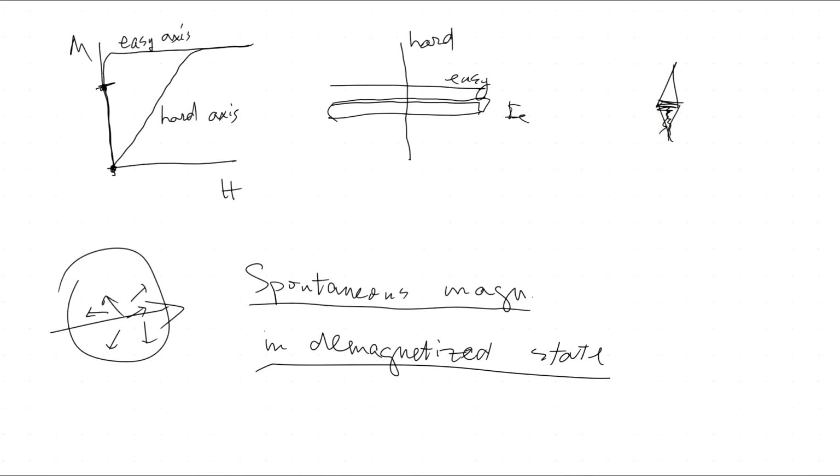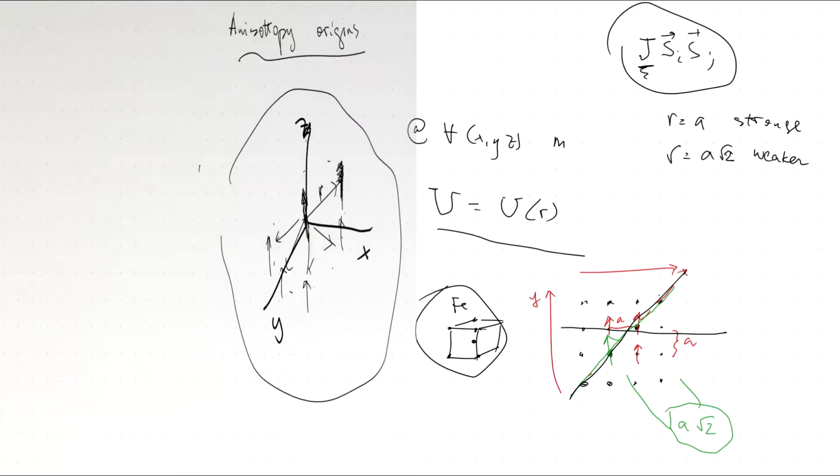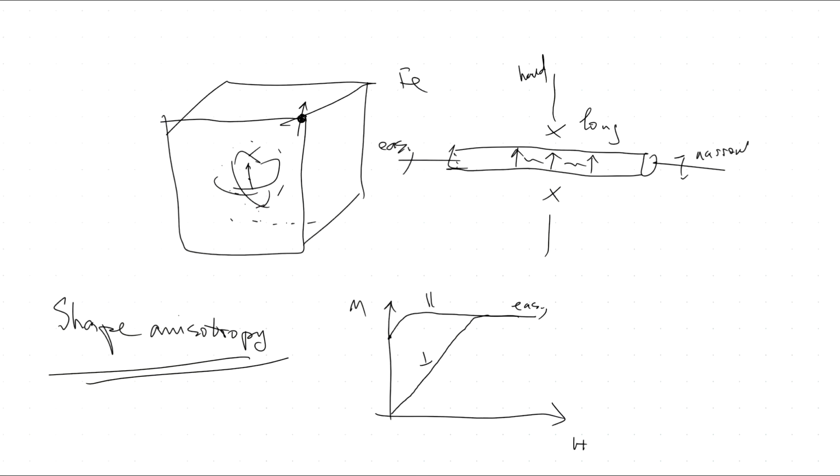Okay, so to recap, we talked about two types of anisotropy. One is shape anisotropy. That's induced by the shape of the material, and if you remember, there is a demagnetizing field, which we discussed already, that is proportional to the magnetization.